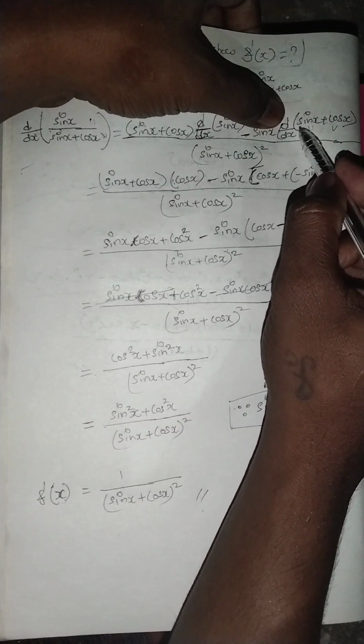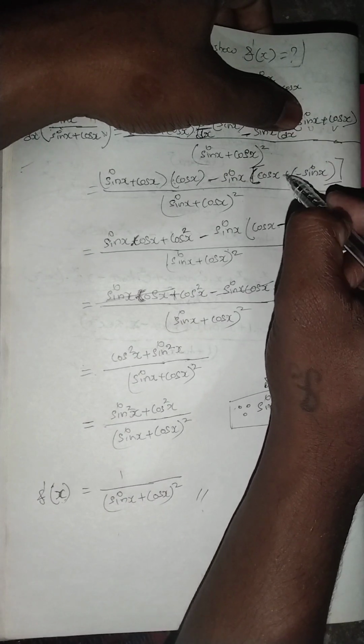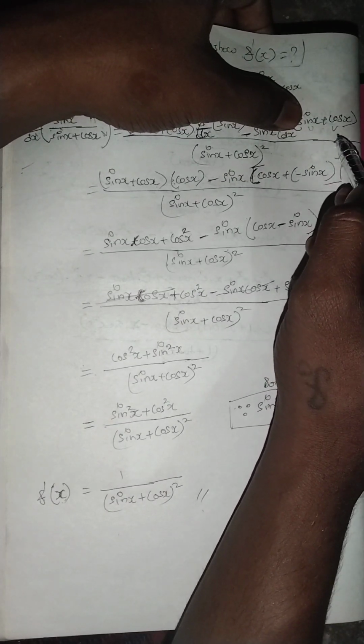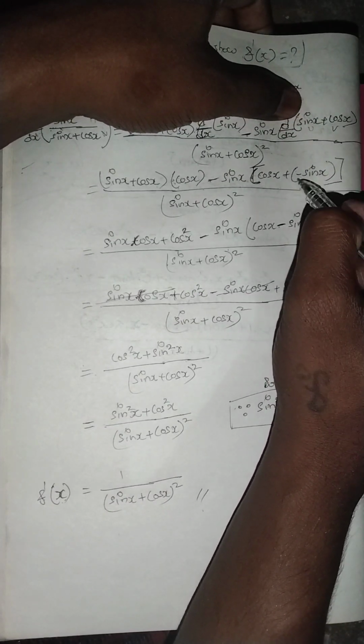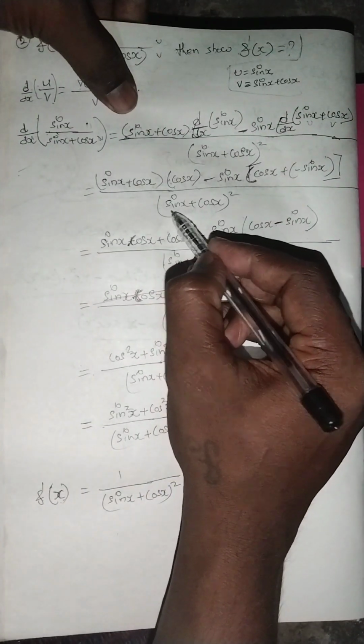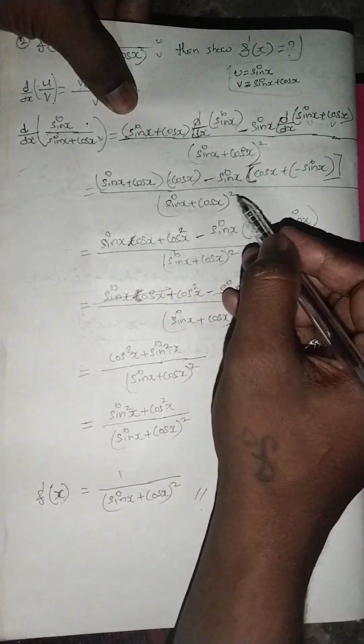We have to derivate this and this. Derivation of sin x is cos x, plus derivation of cos x is minus sin x, by sin x plus cos x whole square.